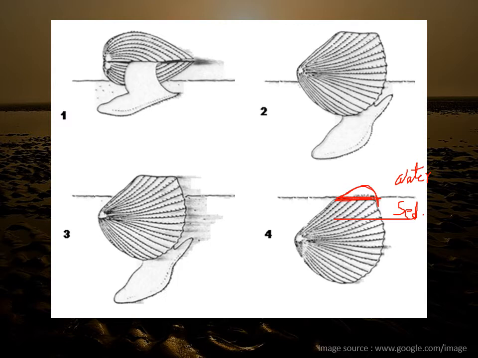Now, as it occurs at the sediment water interface, just by opening the two valves of the bivalve shell, it can directly get fresh, nutrient rich water, and it can also expel the excreta rich water into the aquatic environment. So the bivalve does not need any siphon to maintain contact with this water environment.